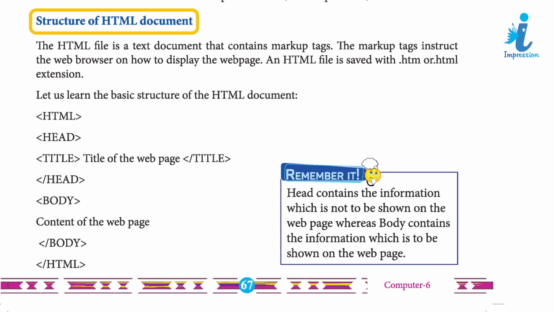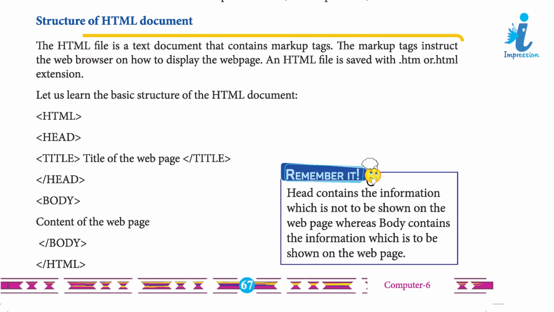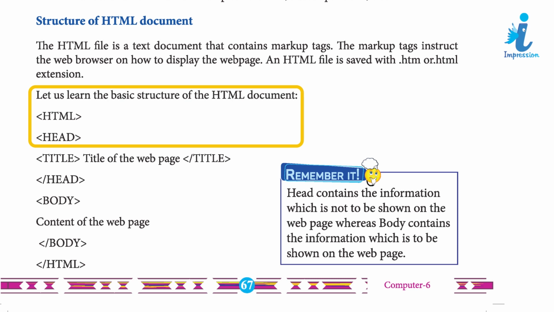Structure of HTML document. The HTML file is a text document that contains markup tags. The markup tags instruct the web browser on how to display the web page. An HTML file is saved with HTM or HTML extensions. Let us learn the basic structure of an HTML document.